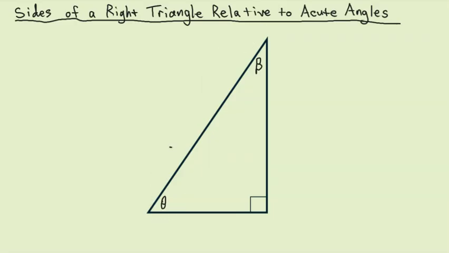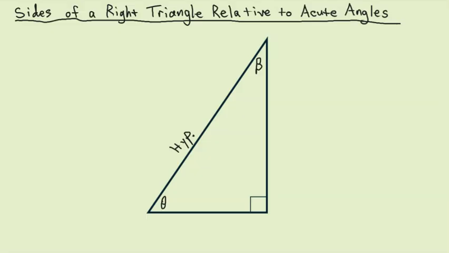That's the hypotenuse. We always call it the hypotenuse. Also, I'm going to stop writing the word adjacent. I'm going to use ADJ. This means adjacent, and I'm going to use OPP to mean opposite. And HYP means hypotenuse.